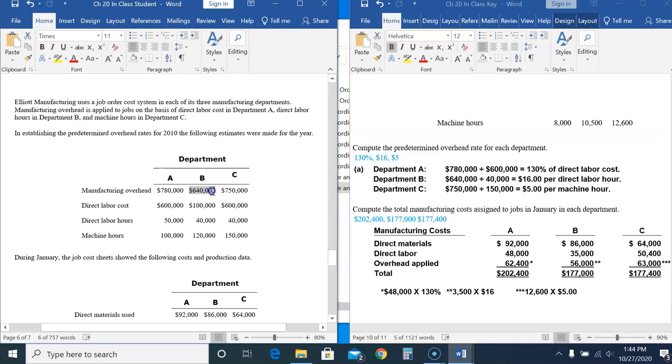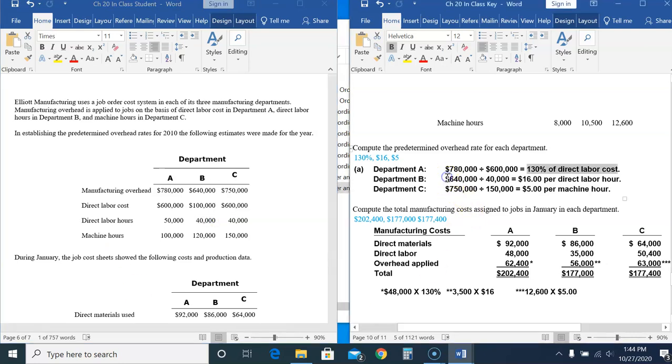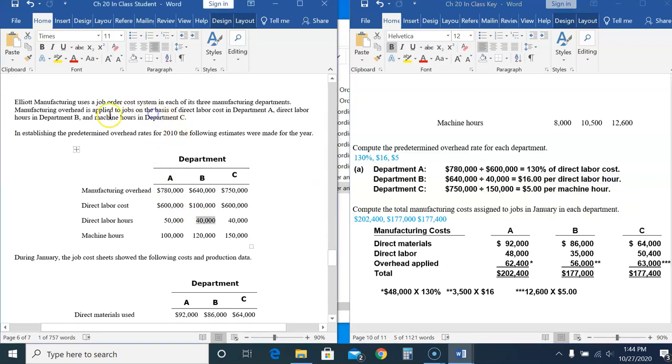Total estimated overhead for Department B divided by total estimated labor hours. Dollars divided by hours gives me a predetermined overhead rate of $16 per direct labor hour. Department C, machine hours is the cost driver activity. Total estimated overhead divided by total estimated machine hours, $5 per machine hour.